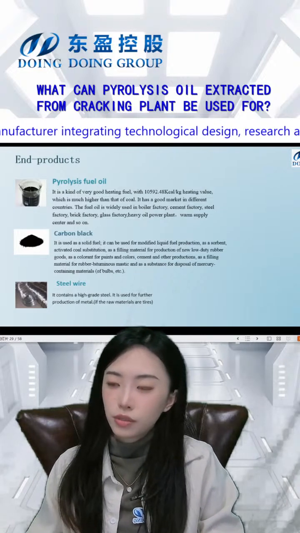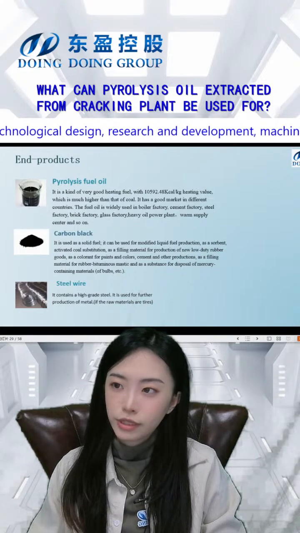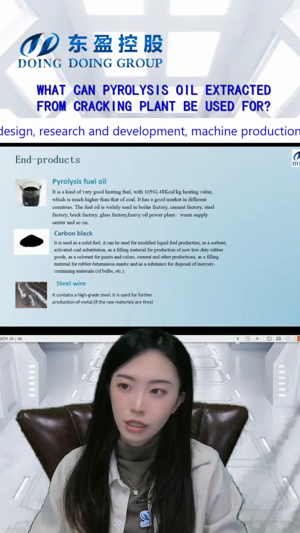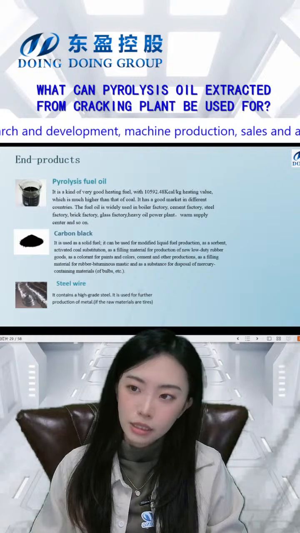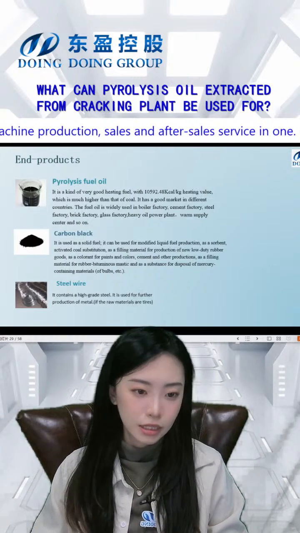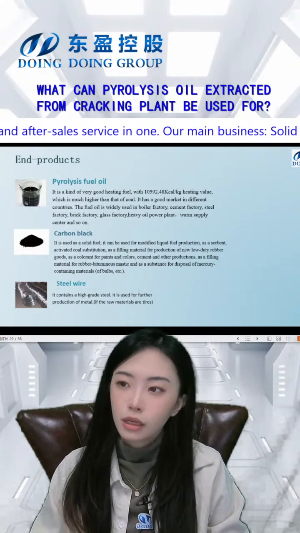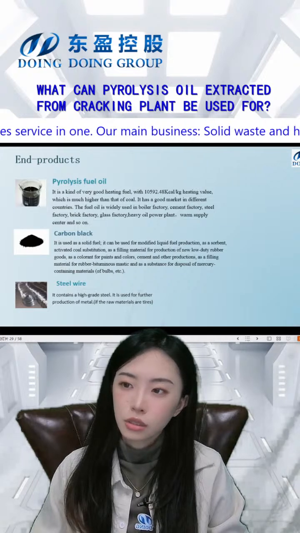The fuel oil is widely used in boiler factories, cement factories, steel factories, brick factories, glass factories, or at heavy oil power plants, warm supply centers, and so on. And the carbon black is used as a solid fuel.